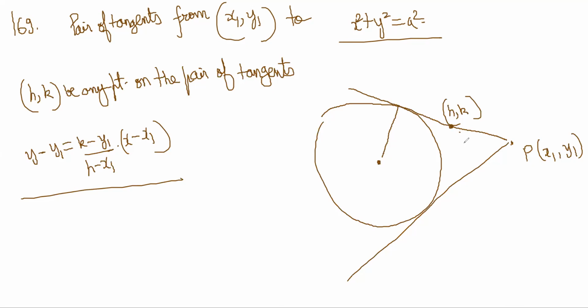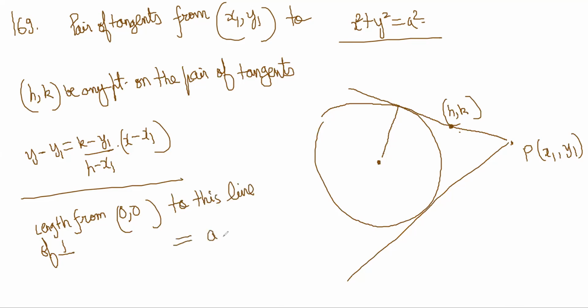Now, obviously, length of perpendicular from 0, 0 to this should be equal to A, right? So he will just write the condition for length of perpendicular from origin to this line is equal to A. That condition he's writing, and then he's squaring that, then you get that equation.